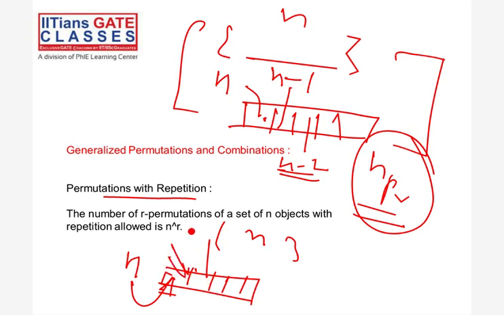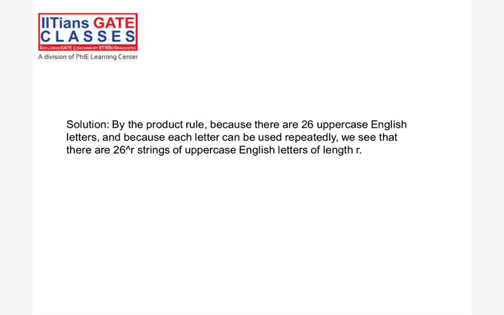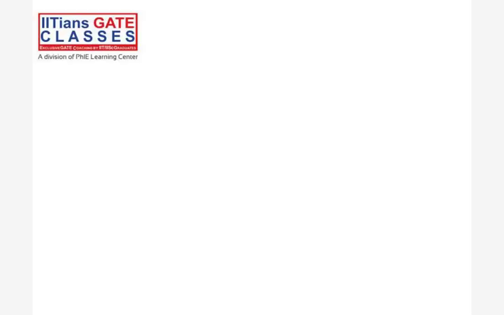So you have n elements here, again n elements here, and so on. So finally our answer will be n power r. You can refer to this solution: 26 power r will be the number of strings possible.